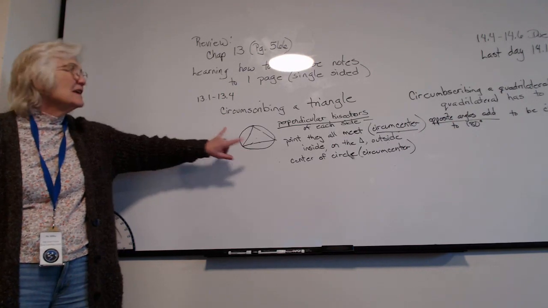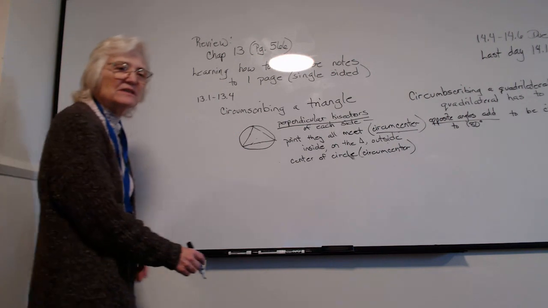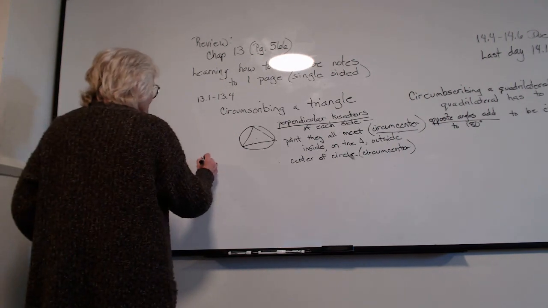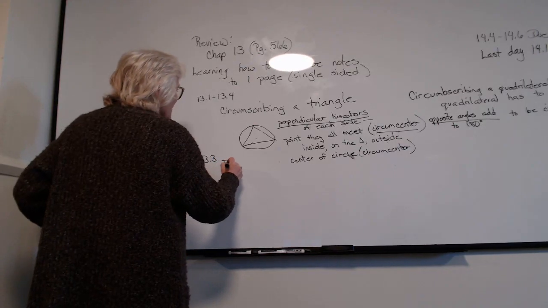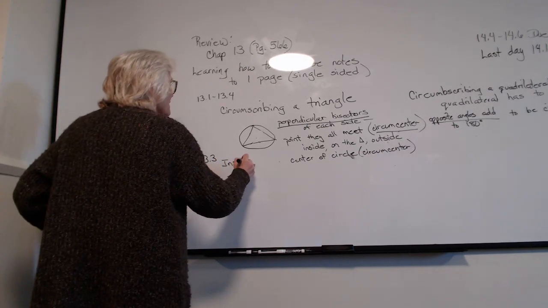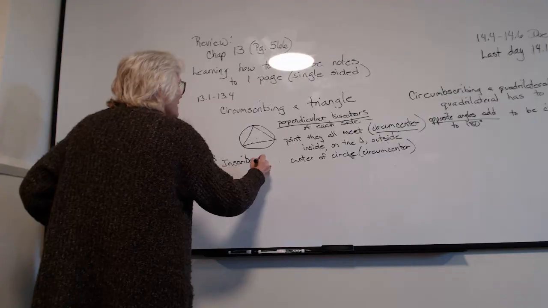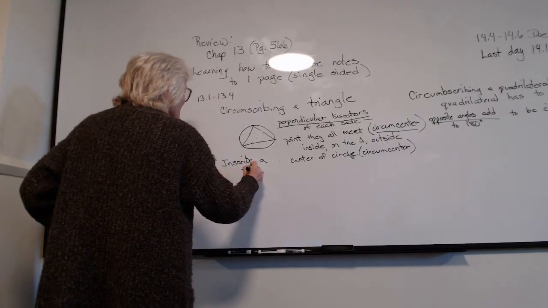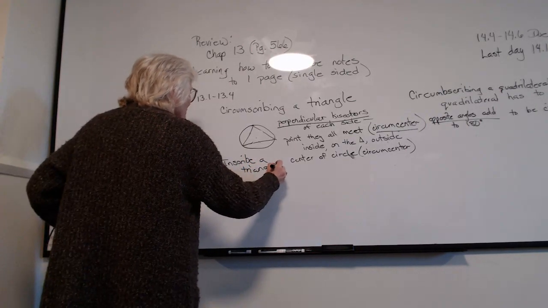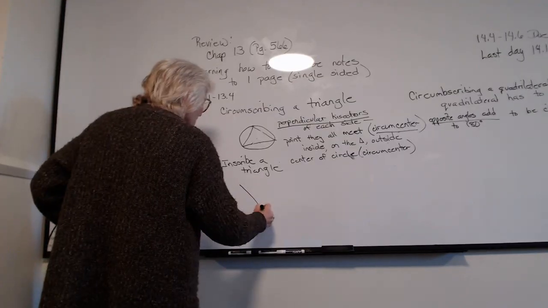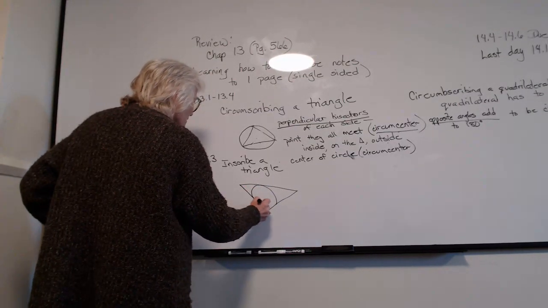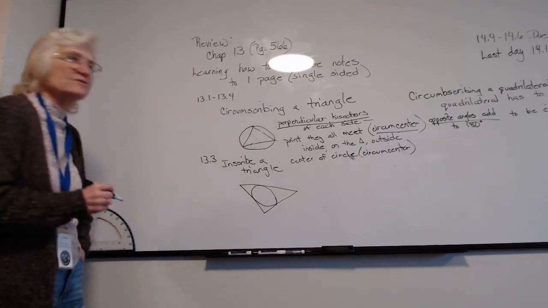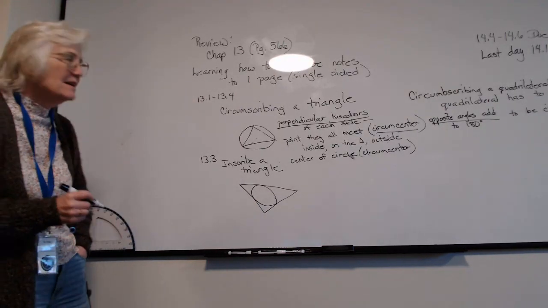Inscribing. Then the other is 13.3. You bisect the angles instead. So we inscribe a triangle, which means you have any triangle, and there is a circle that you can draw that goes inside the triangle.